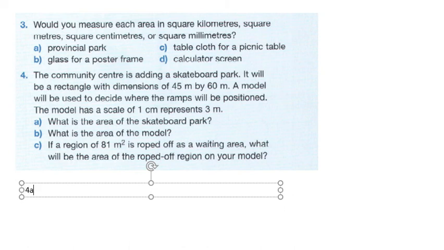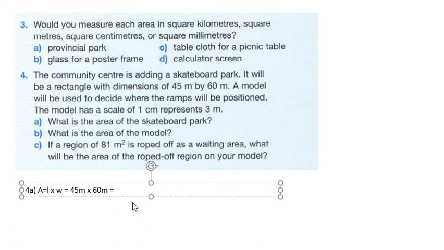So for A, the area would equal the length times the width, which we are told up here is 45 times 60 meters. And now to multiply 45 times 60. You're free to do this any which way you like.